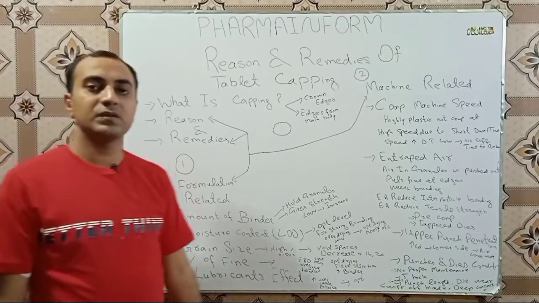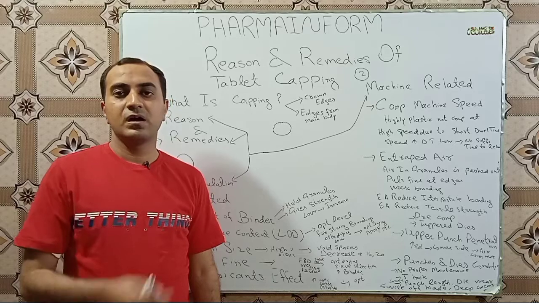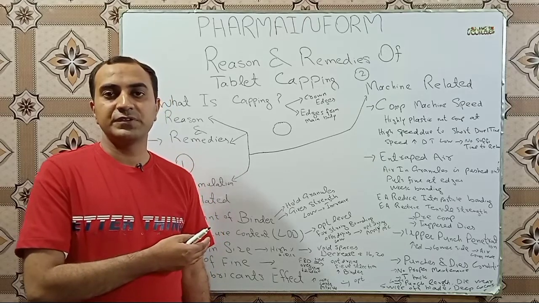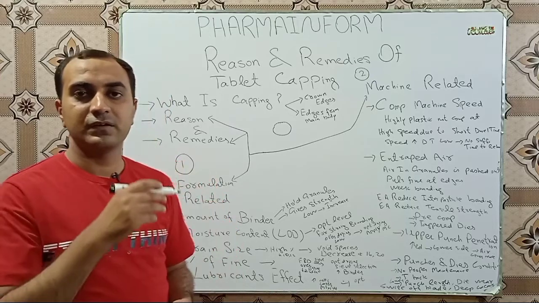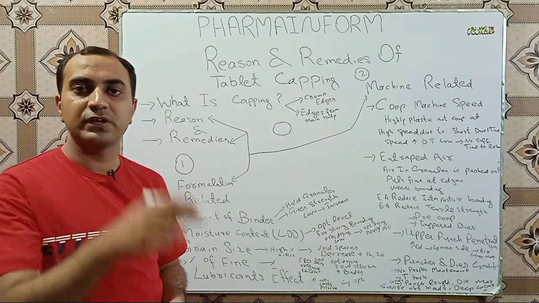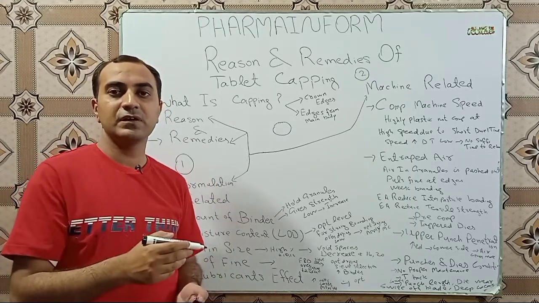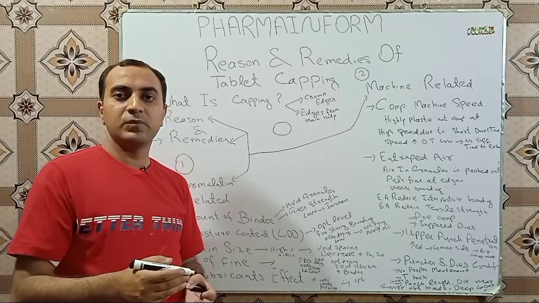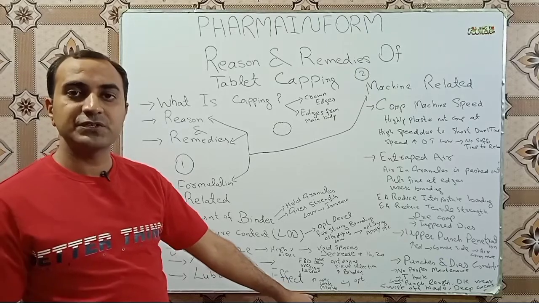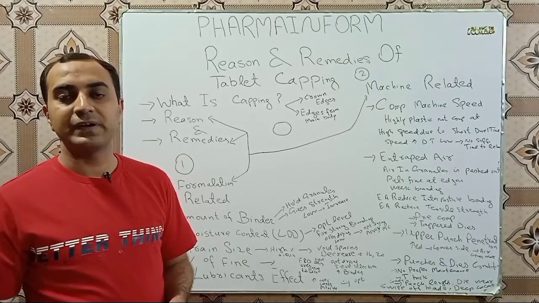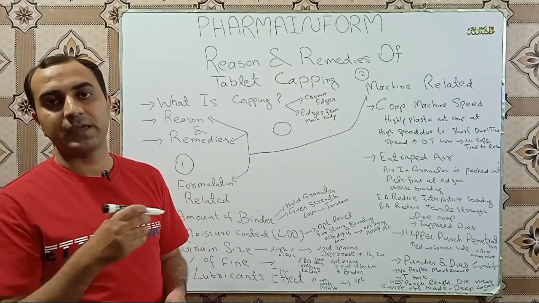The next step is lubricant effect. Lubricants also are major contributing factors for tablet capping, because we know that lubricants form a covering around the granules, and this covering creates a problem during compression. When we apply force for compression, the granules may slip and this may result in tablet capping.